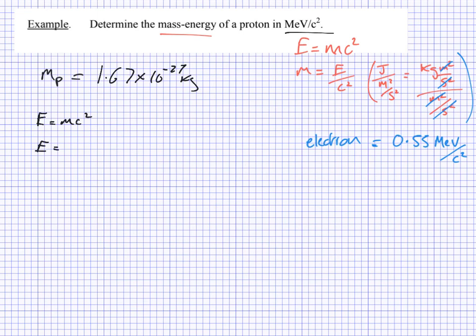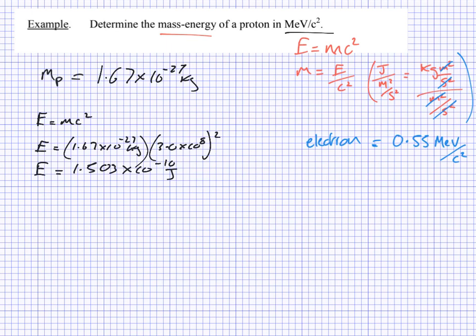Well, it's m, so 1.67 times 10 to the negative 27 kilograms, times the speed of light, 3.0 times 10 to the 8, squared. That's going to give us a value in joules, because we've got kilograms, meters squared, per second squared. So that's going to give me 1.503 times 10 to the negative 10 joules.